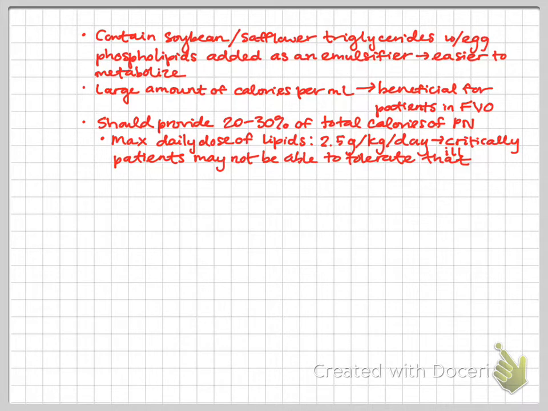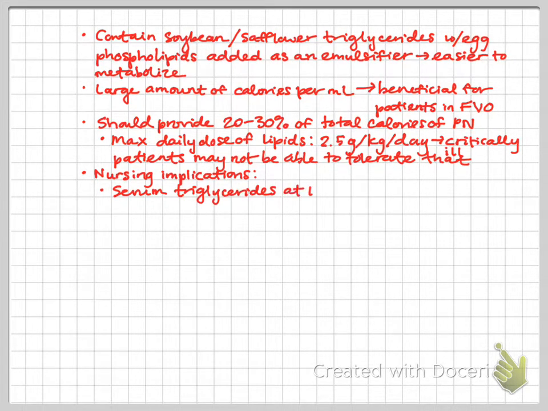So some nursing implications that are really important when you're giving fat emulsifications. Serum triglycerides, we need a baseline. We need to know what their serum triglycerides are at the beginning, before we've given parenteral nutrition.